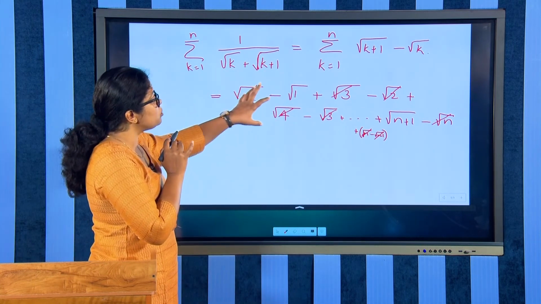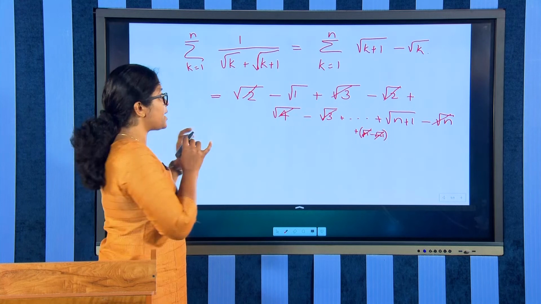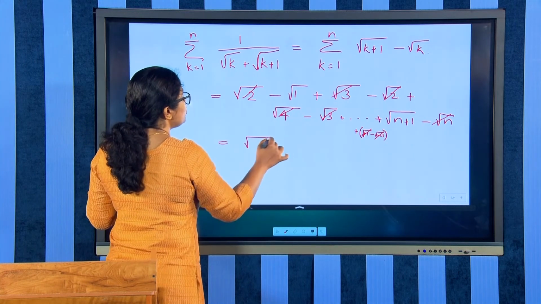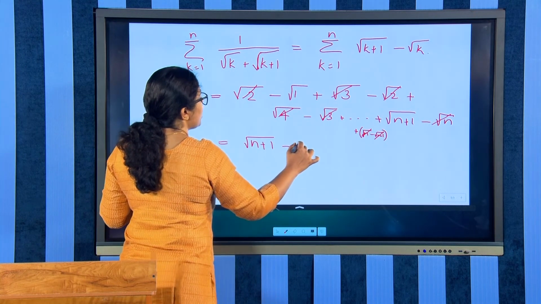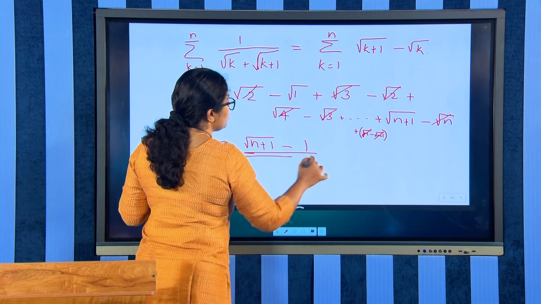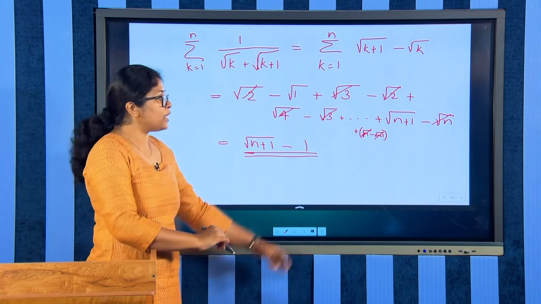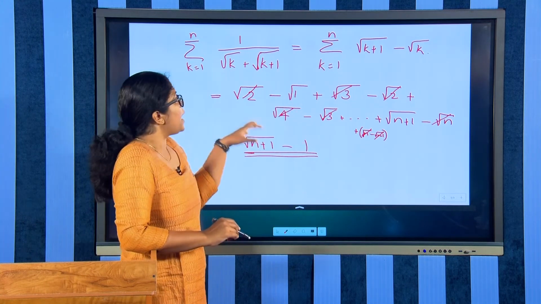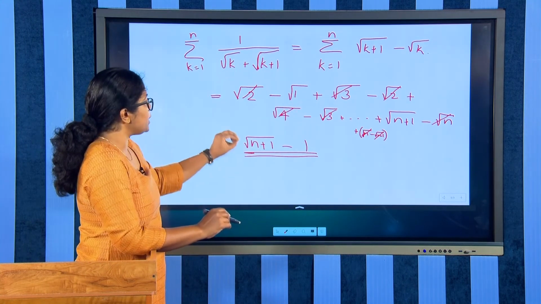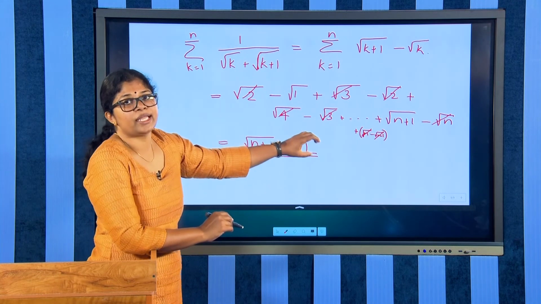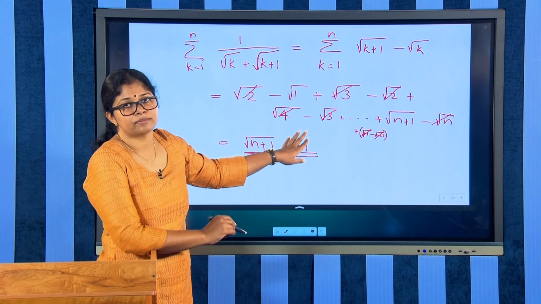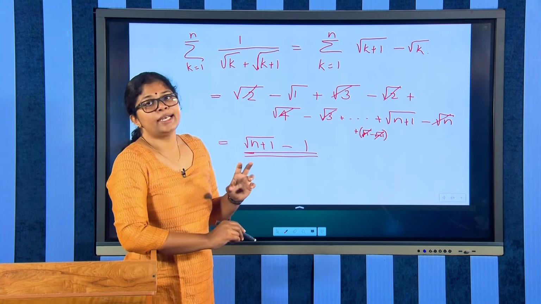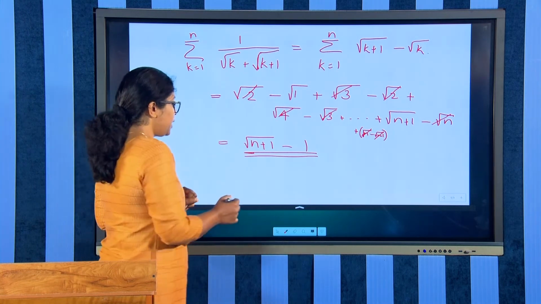So, only the two terms which are not getting cancelled are root of n plus 1 minus root 1. Root 1 is 1 itself. So, these two terms are the only two terms which are not getting cancelled, and so this expression we could write as the difference between the last and the first term. So, that is why it is called a telescopic series.